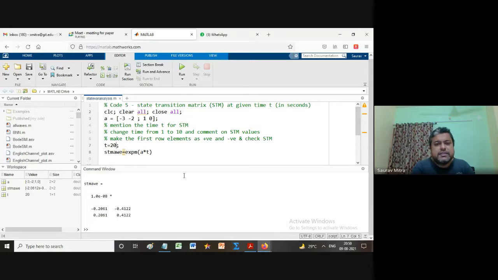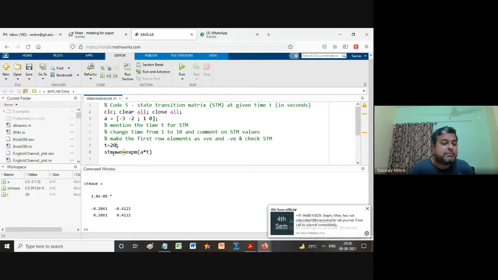How to find it? It is a very simple code: A equal to this, and STMAW, which is just a variable name. You don't name it STM, since STM might get mixed with other variables, so I have given the name STMAW.